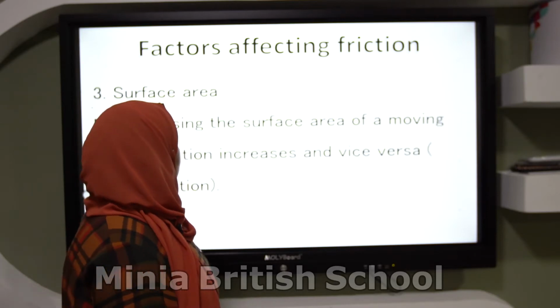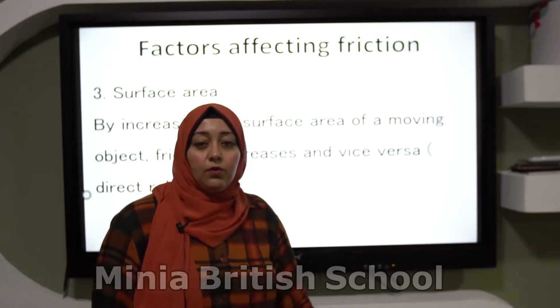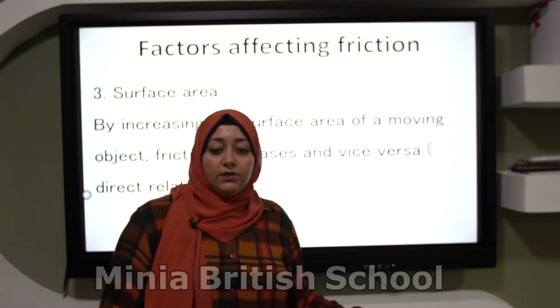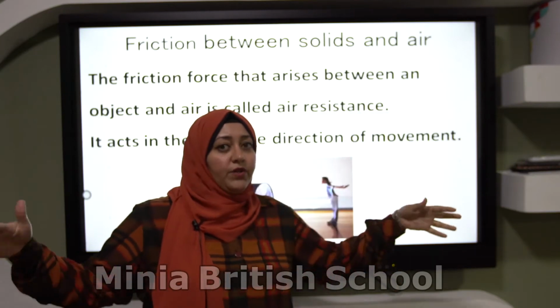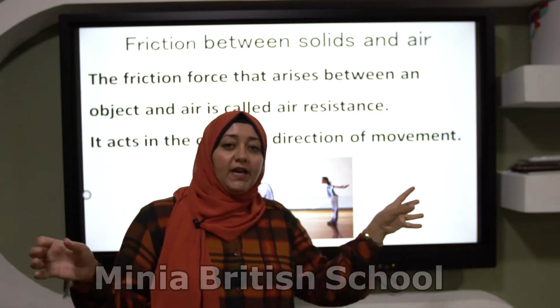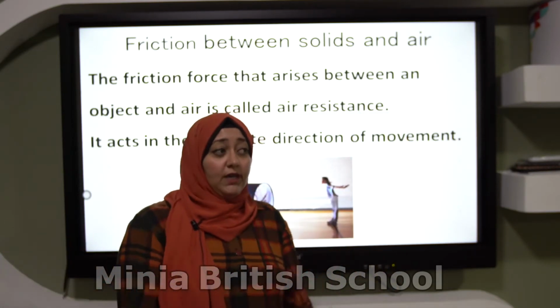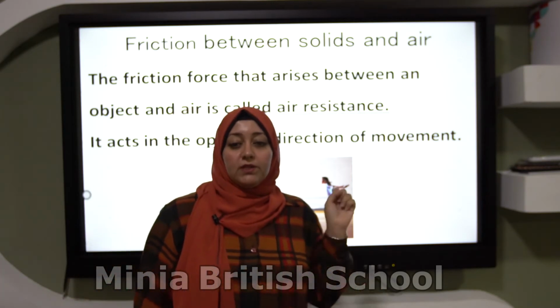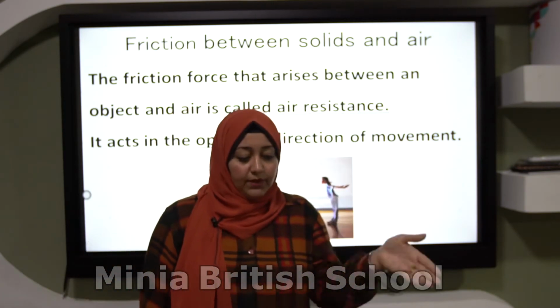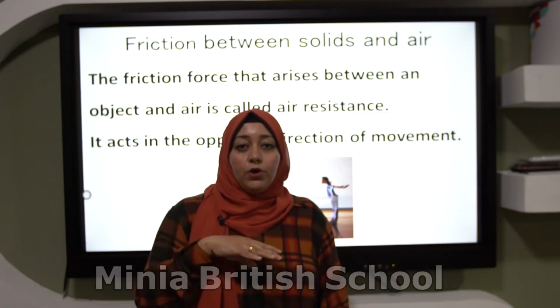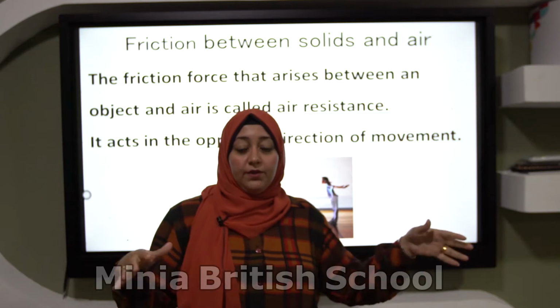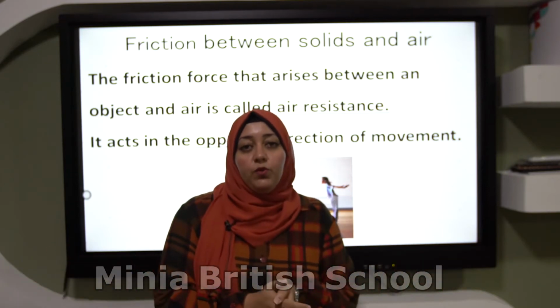The last one, we have the surface area. What is the meaning of surface area? It is the space which is taken by the body. If we have a very big body moving and a small body moving, the friction force between the road and a big car will be more than the friction force between the road and a small car which will move on it.